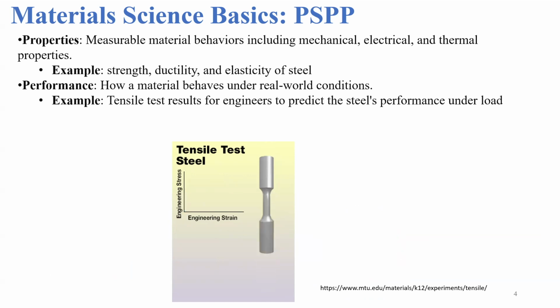Based on these properties, you might have different performance, that is, how a material will behave under real-world applications. An example would be a tensile test for predicting the steel's performance under load.